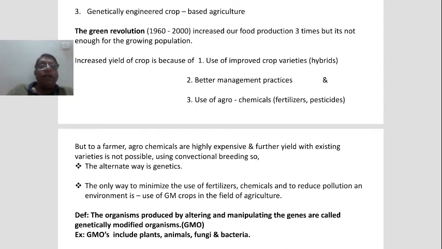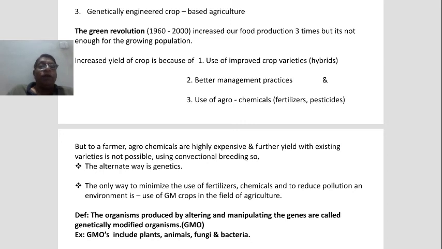Through genetic engineering, we are going to alter the DNA of crops. Now we are using genetically modified crops in the field of agriculture. That is, our farmers are using this.